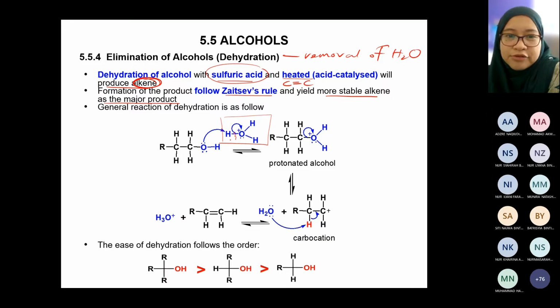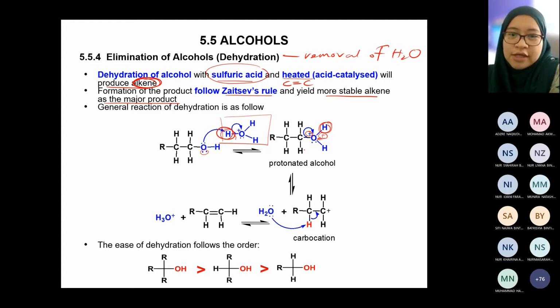Now it has an extra hydrogen there, because it took the hydrogen just now. So the oxygen becomes positive, because one of the lone pairs was used to form a bond with the hydrogen. This is considered unstable, or electrophilic, because it is positively charged.